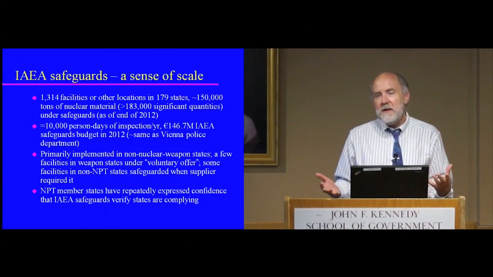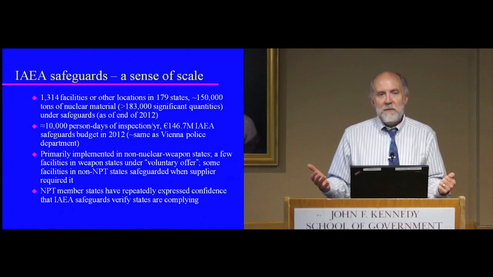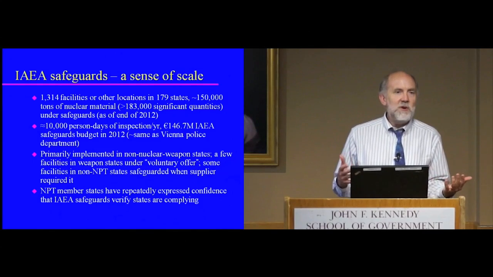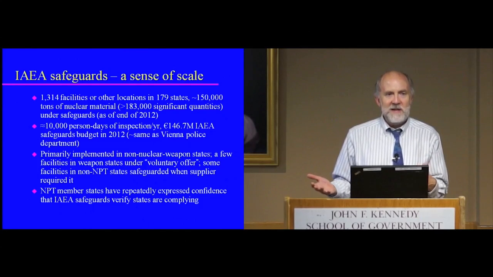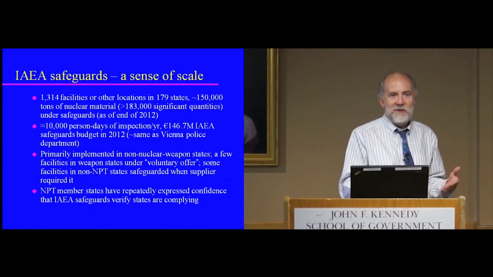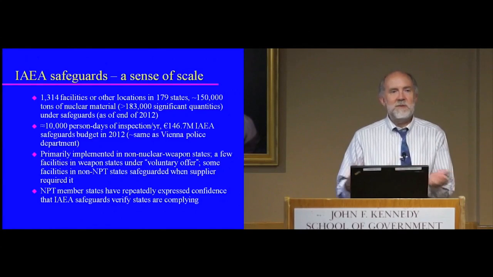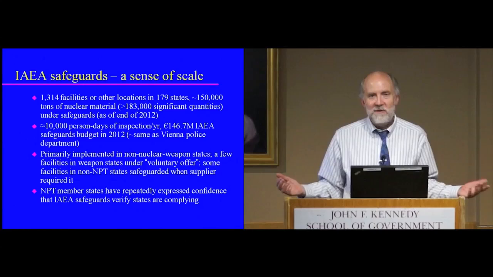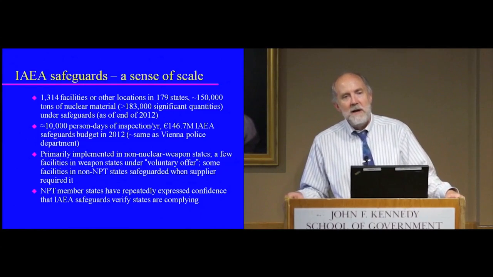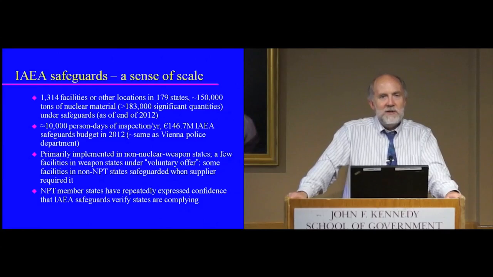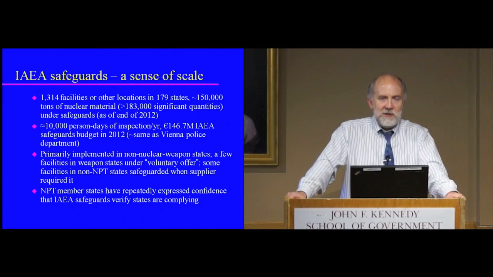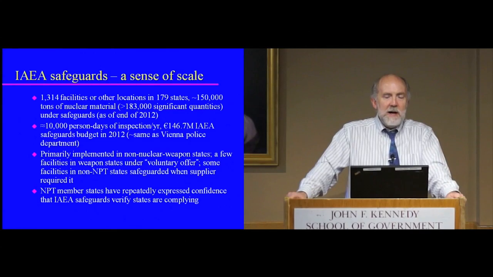But since the IAEA has limited resources, and it's, in a certain sense, pointless doing a lot of inspections in states that already have nuclear weapons, why would they divert nuclear material from a civilian facility when they already have plenty of nuclear material for their nuclear weapons programs? The IAEA doesn't actually spend much of its effort on these inspections in nuclear weapon states.